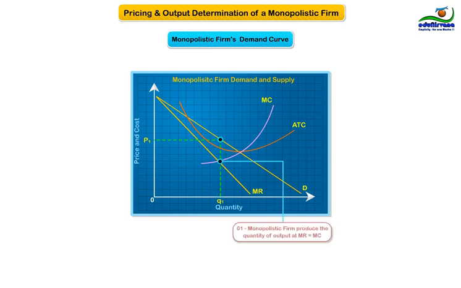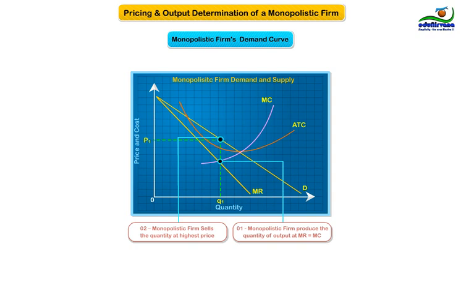It produces the quantity of output at which MR is equal to MC. We see this in the exhibit where the firm produces Q1. What price does the monopolistic competitor charge for this quantity? The answer is the highest price it can charge. This is P1 in the exhibit.